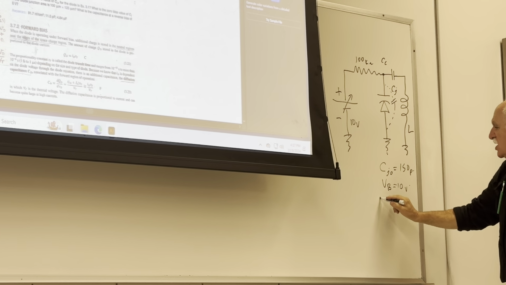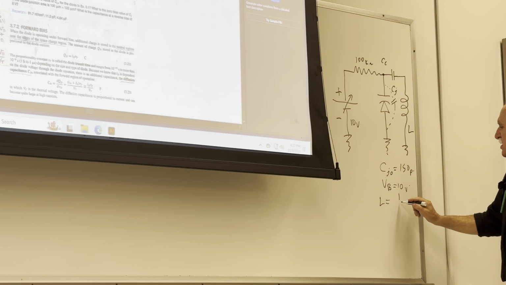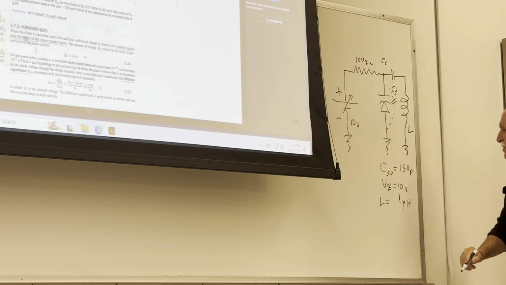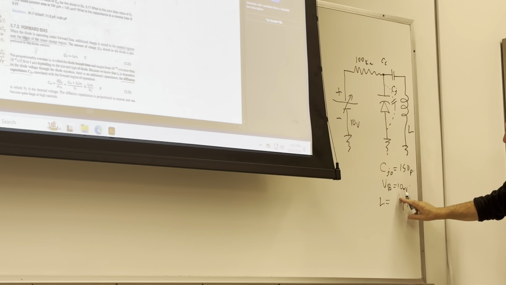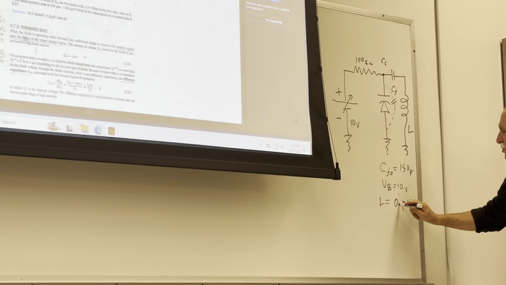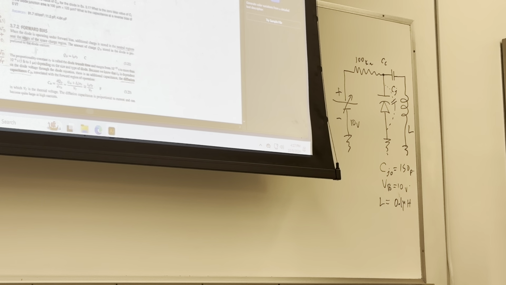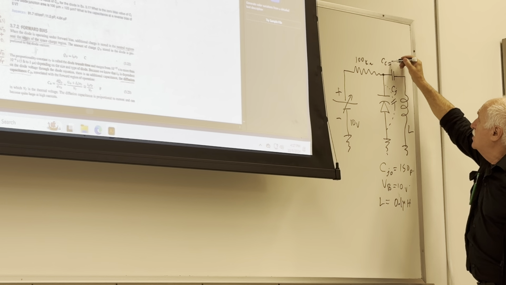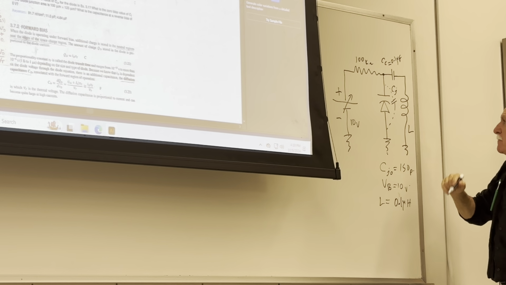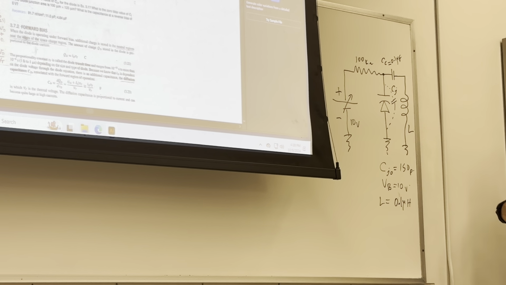The inductance L is equal to 1 microhenry, actually 0.1 microhenry, can be very, very low, 0.1 microhenry. Cc is 0.1 microfarad, a coupling capacitor. Okay, let's see what we have in here.